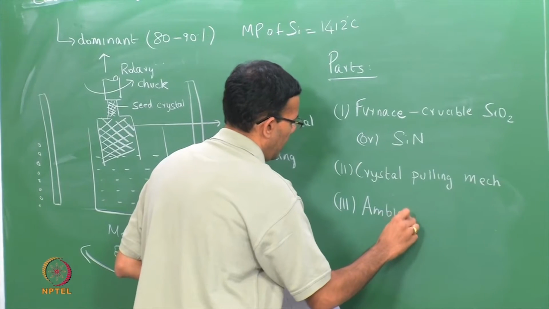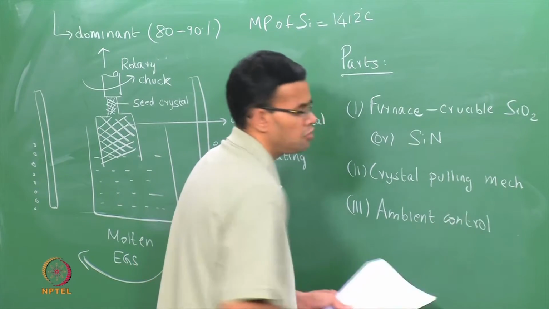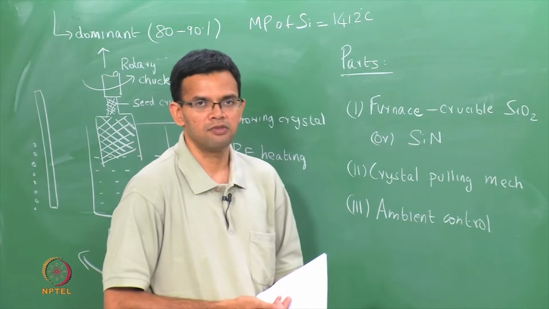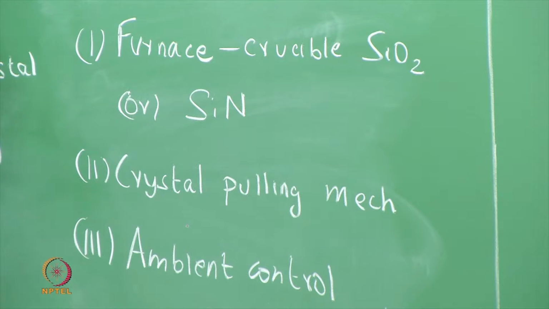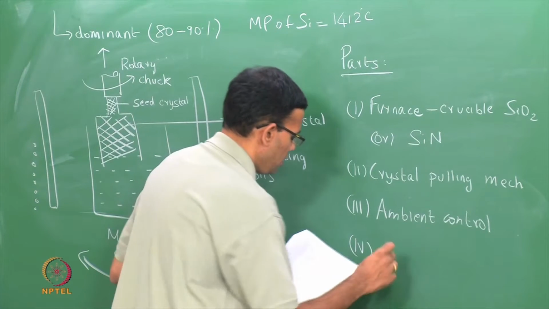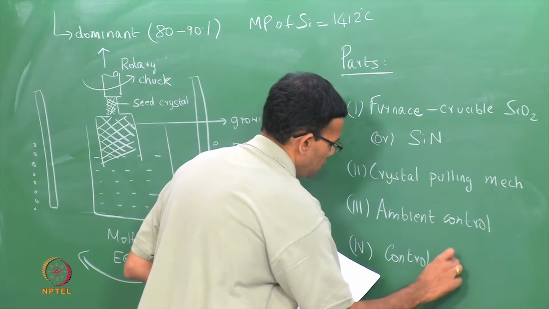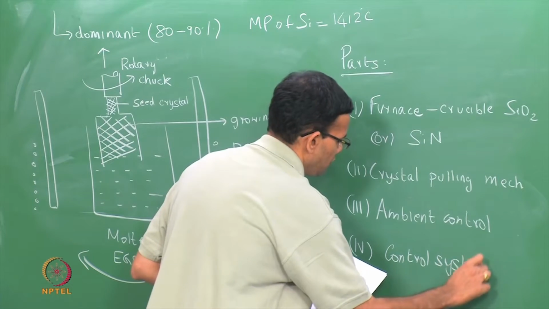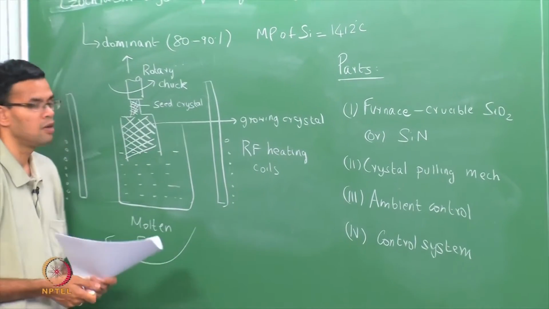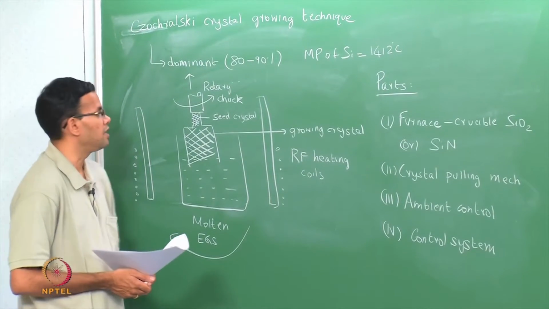There is also an ambient control, which controls the temperature of the furnace and the flow of gases within the system. So, it maintains the system properties. And finally, there is a complicated feedback and control system in order to grow your wafers. So, this is in a nutshell the Czochralski growth technique.